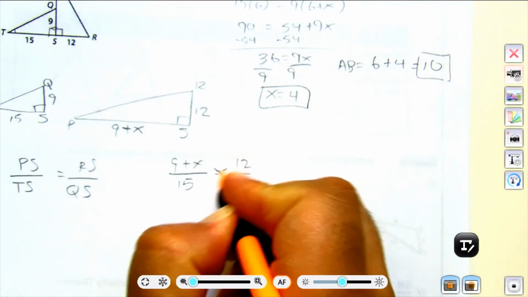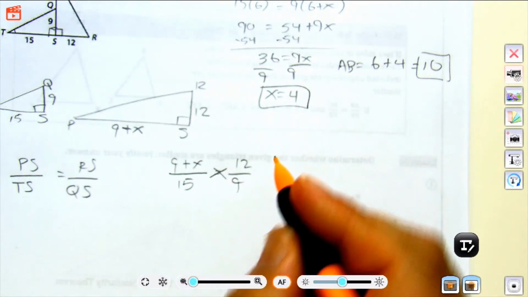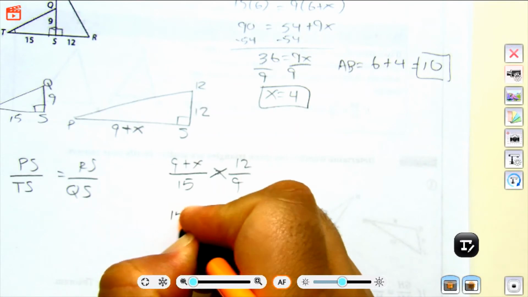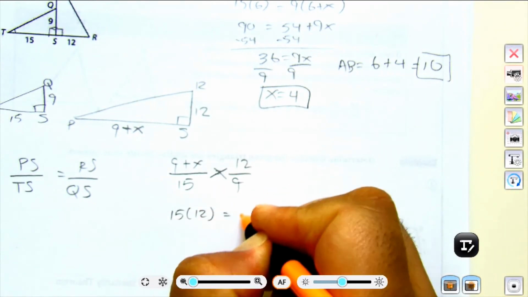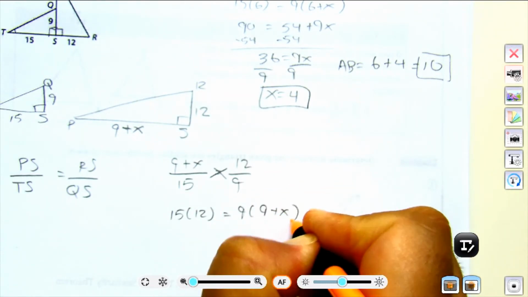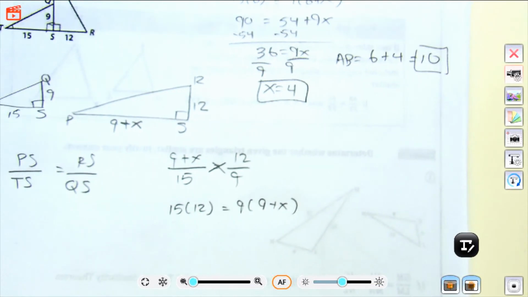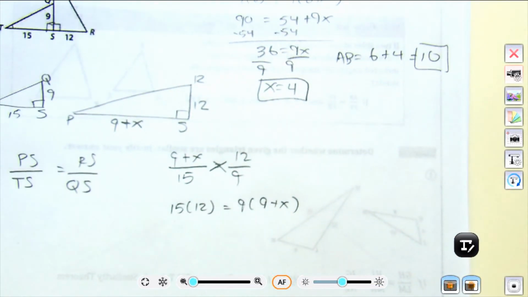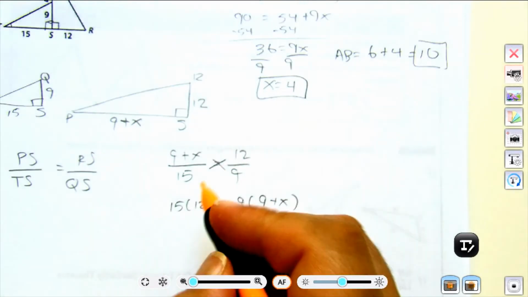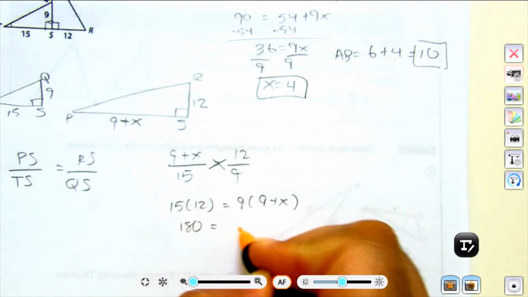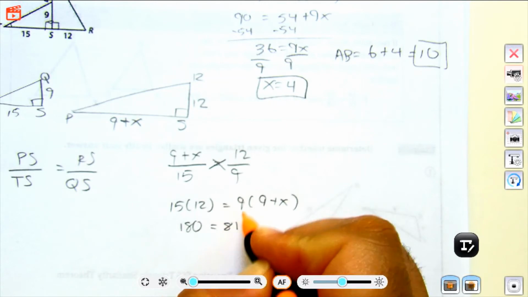So I'm going to have 15 times 12 is equal to 9 times 9 plus x. Let's find out what 15 times 12 is. That is 180. So we have 180 is equal to 81 plus 9x, distributing.